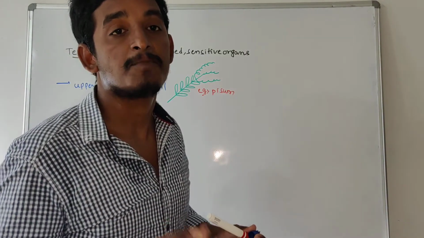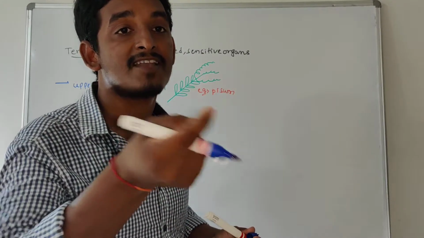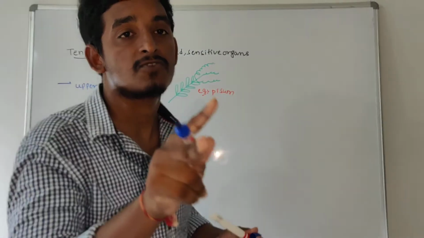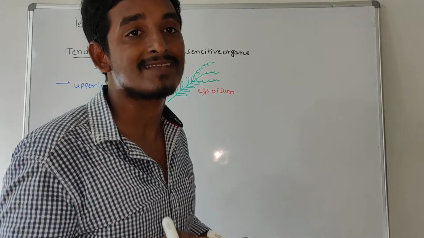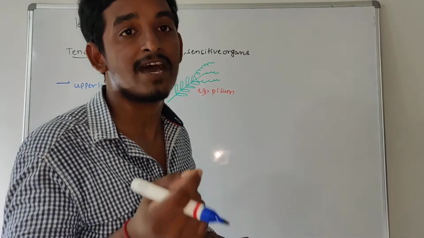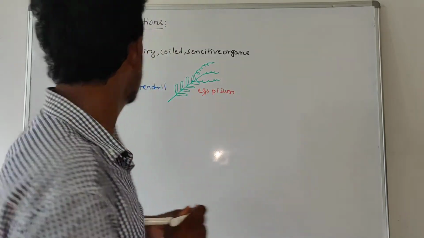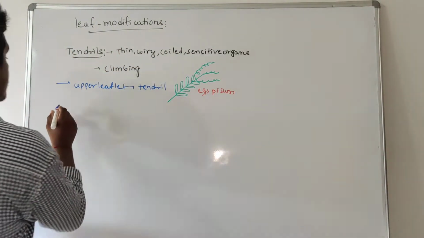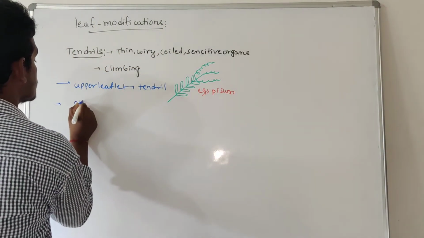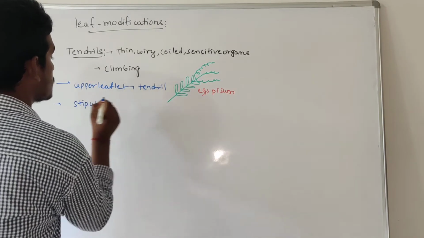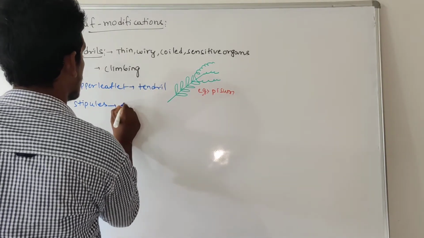In other plants, stipules. So what are stipules? Where the leaf base is present, the two lateral appendages are called stipules, right? Those help the leaf to be protected in the bud condition. Sometimes in some plants the stipules are also modified into tendrils.